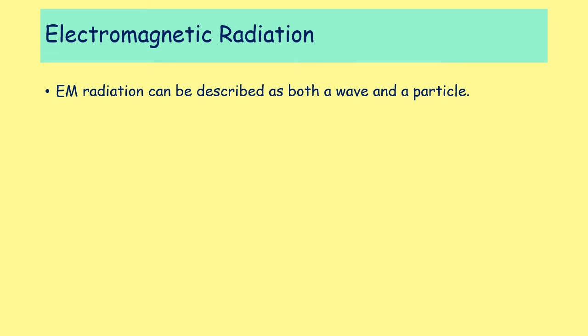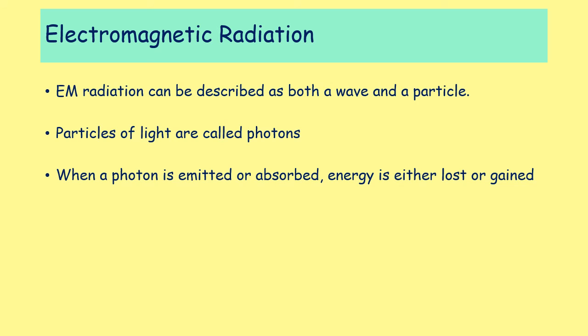Now, when we discuss electromagnetic radiation, particularly light, we usually think of it as being a wave. However, electromagnetic radiation can also act like particles. And particles of light are called photons.